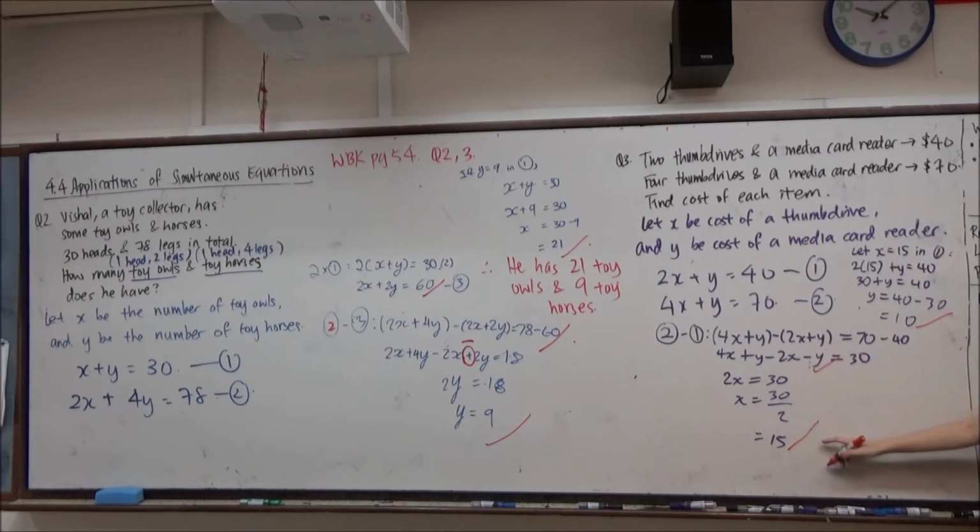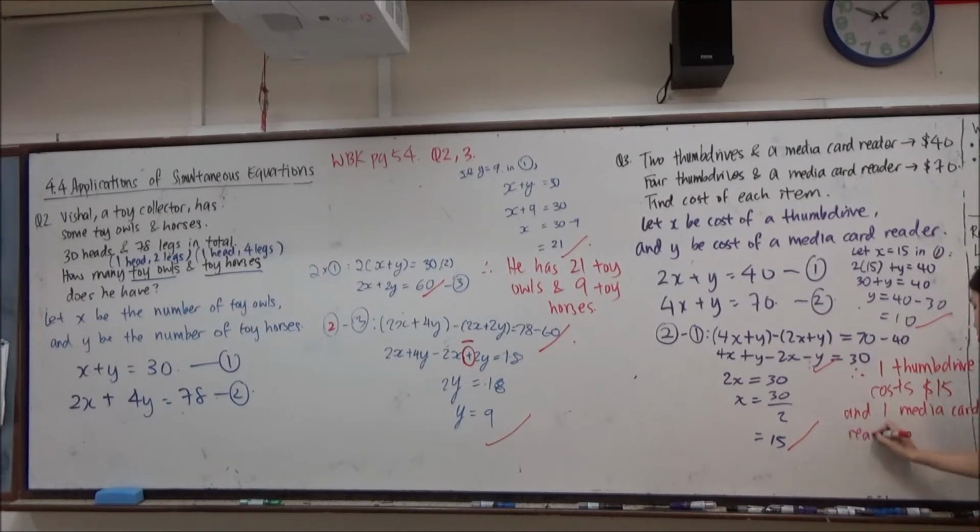Therefore x is 15, and putting it back into equation 1, we get y equals 10. So one thumb drive costs $15, and one media card reader costs $10.